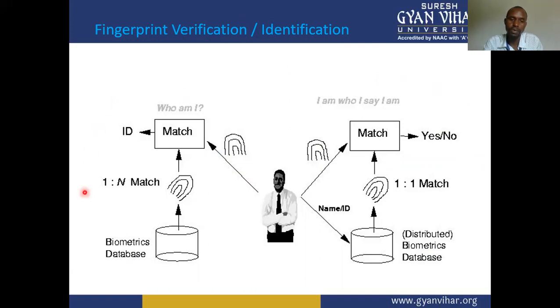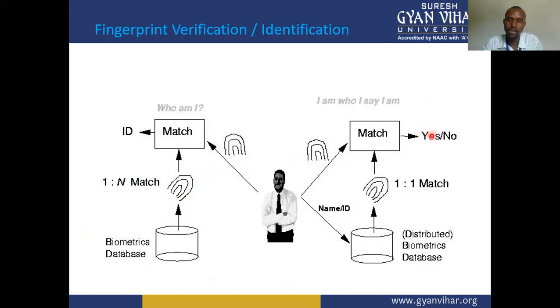So this is an example of how fingerprint verification is done. We first enter the fingerprint on the machine. Then the machine will collect that fingerprint and try to find a match. There are so many n matches in the database. It will try to find which one is the best. And if it is the best, then it will return a yes, you are permitted.